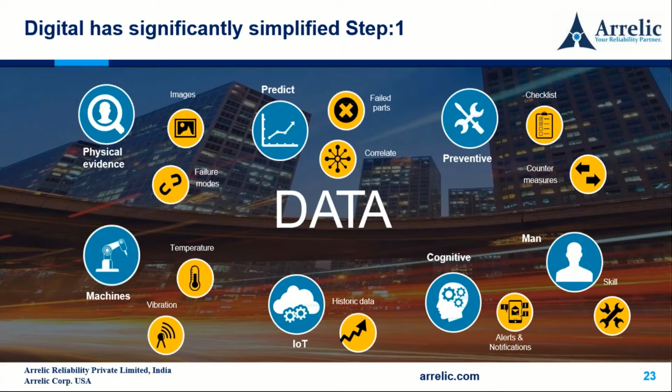Digital has significantly simplified step 1. All this work that the digitalization processes have been applied in organizations have helped to significantly simplify step 1 with the good use of data.